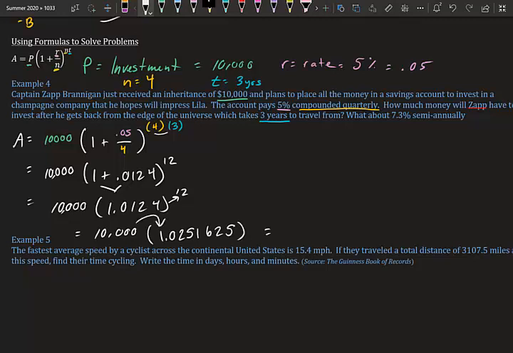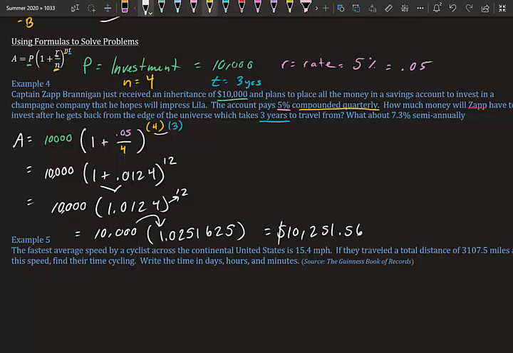So when we do, we get 10,251.56. So he's going to earn, after 3 years of this investment, he'll have $10,251.56 left in his bank account.